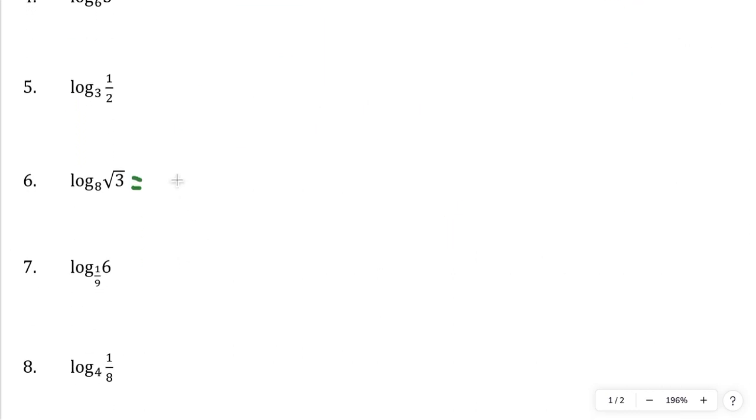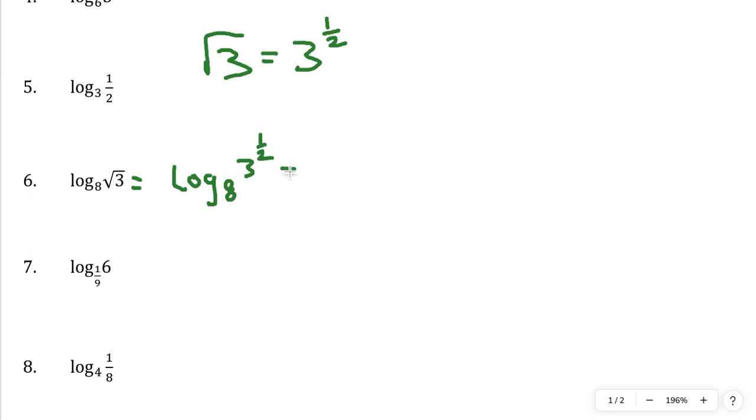And the important thing to remember about square roots is that they can also be written as a fractional exponent. So, for example, when I say square root of 3, that's the same thing as saying 3 to the 1/2 power. And so this is really simply log of 3 base 8 to the 1/2 power. Well, if you know what we can do with the exponents, then you realize that this is 1/2 times log of 3 base 8.